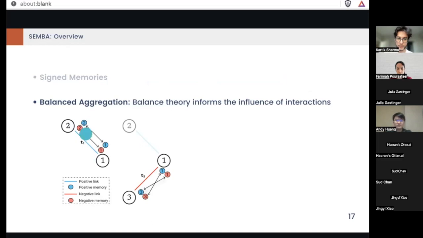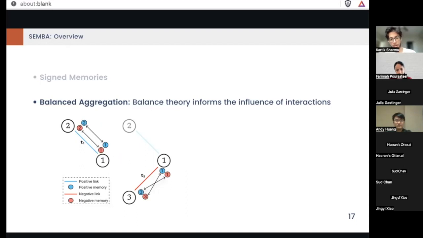These two have memories 2+, 2-, 1+, 1-, the positive and negative memories for each of these nodes. We want to see which memory would influence which other memory based on this interaction, because these memories would be updated, right?